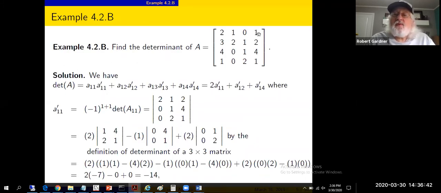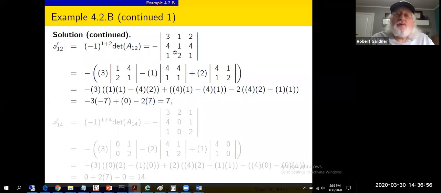So we'll eliminate the first row and the second column. That'll leave us with a minor matrix with entries 3, 1, 2 in the first row, 4, 1, 4 and 1, 2, 1 for the other two rows. We get that -1 to the 1 plus 2 out front. -1 cubed. Switched over to a negative now.